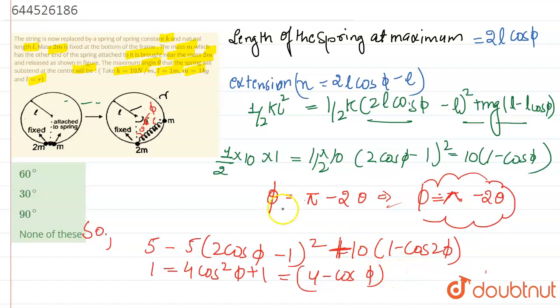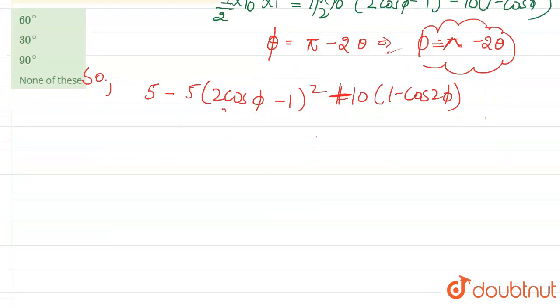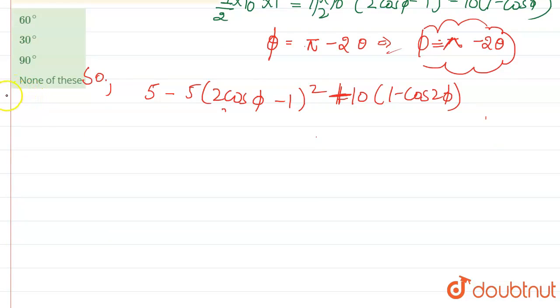Sorry, it will be 4 here. I am just directly solving this. Just solve this complete equation and put phi equal to pi minus 2 theta. Okay, so phi is equal to pi minus 2 theta. By putting all these values, what will you get?